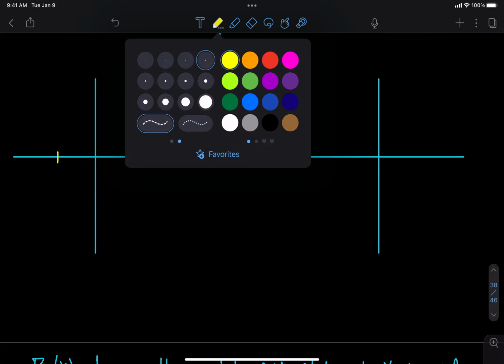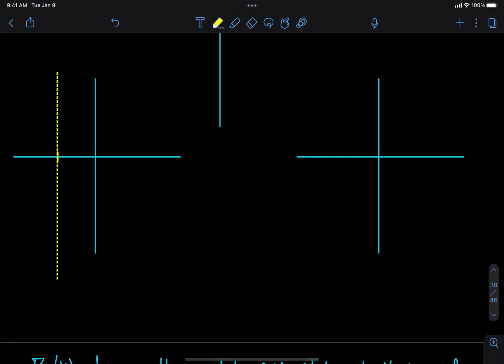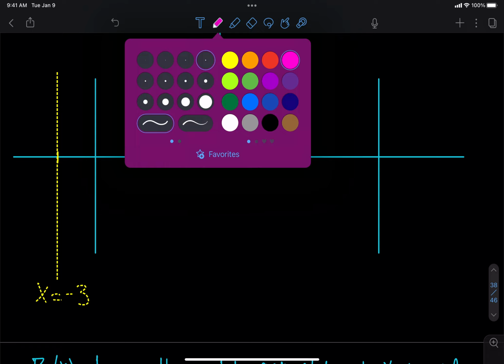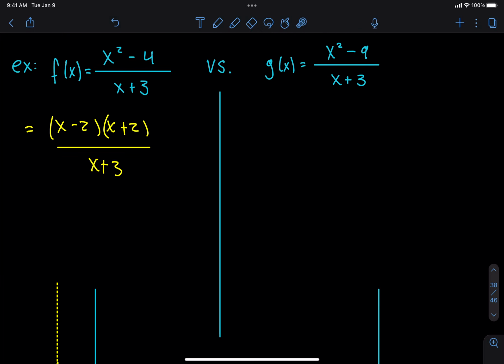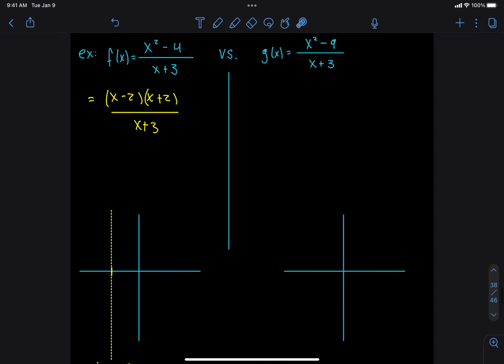So let me draw in x equals negative 3. And now let's draw the picture. We can determine easily whether we're going to have a blow-up like this or a blow-up like this by just checking what is the sign of this expression very close to the right of our asymptote. Well, I want to plug in x equals negative 2.99, something like that.